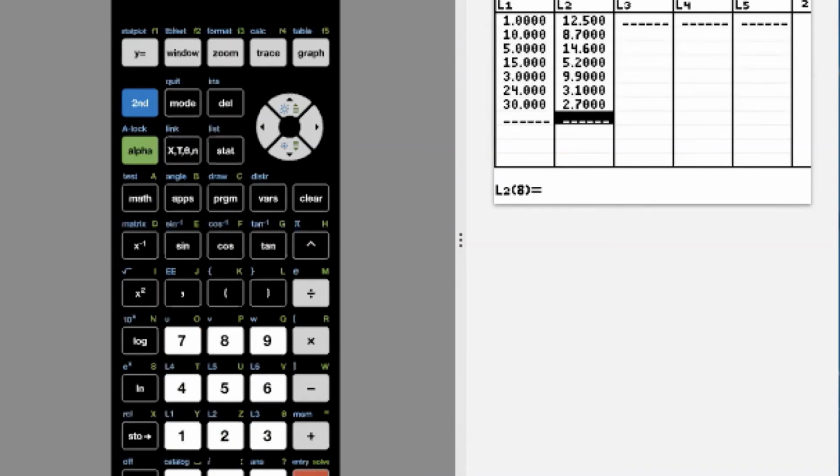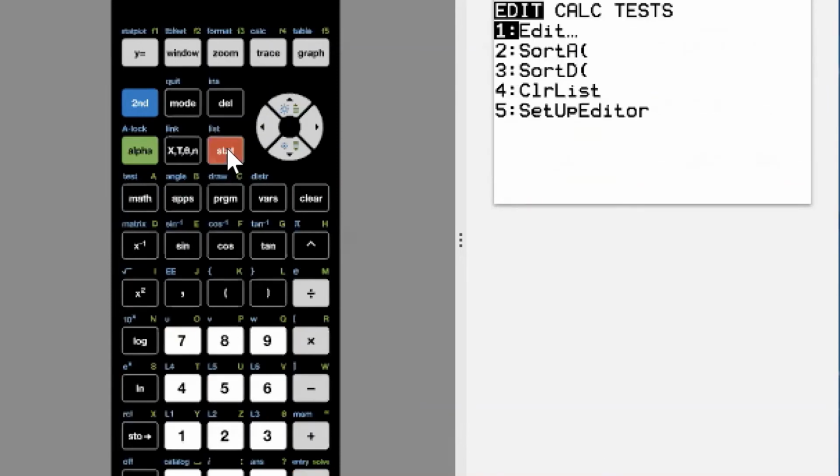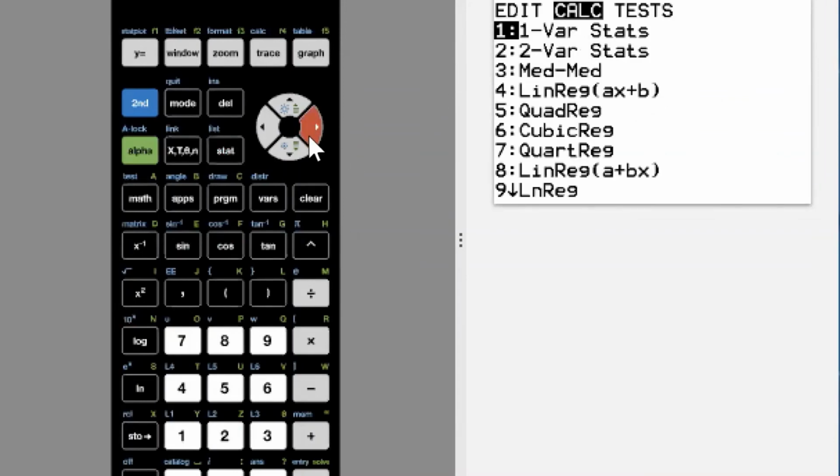Are you also done entering the data? Yes, sir. Okay, now we are going to get those 5 things. Press STAT and then go to CALC. This time we are working on 2-Var Stats because we have the independent variable and the dependent variable.